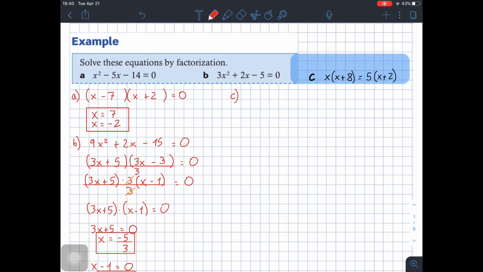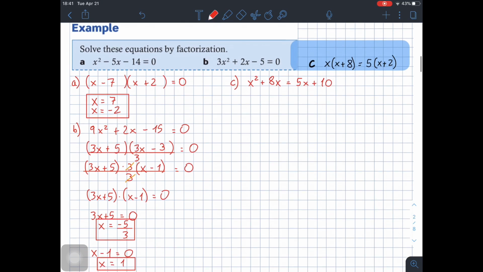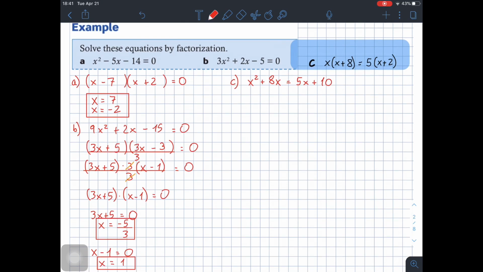So this is the same as saying x squared plus 8x equals 5x plus 10, right? So then if we organize this, maybe if I take this to the other side and set this to 0, it'll be easier. So x squared plus 3x minus 10 equals 0.